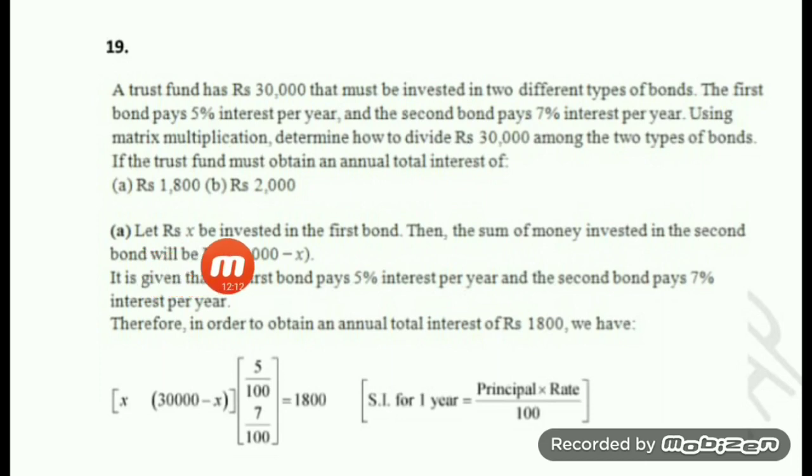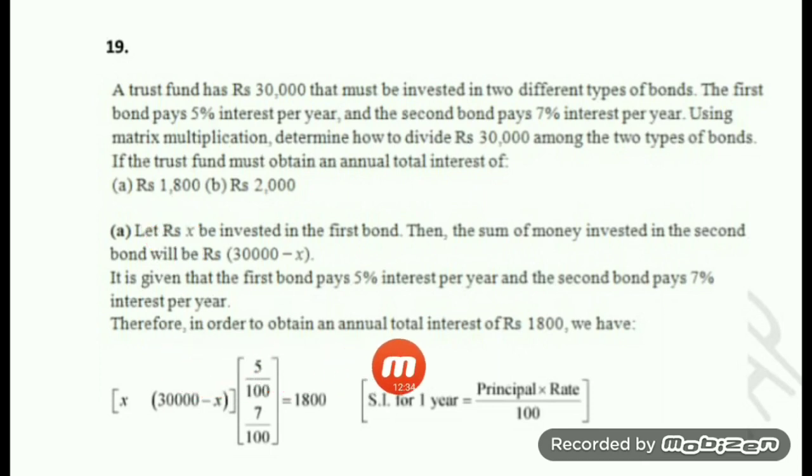Let rupees x be invested in the first bond, then the sum of money invested in the second bond will be equal to what? From the total, we have to subtract x rupees. Then it is given that the first bond pays 5% interest per year, and the second bond pays 7% interest per year. So, if I write down, first for question number 1, it must be what?